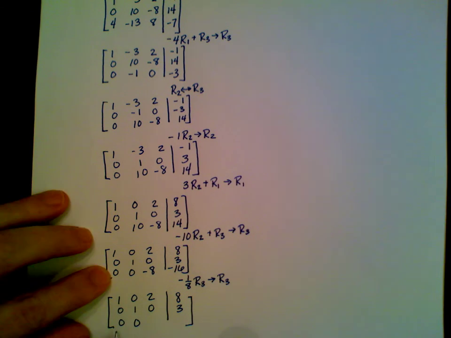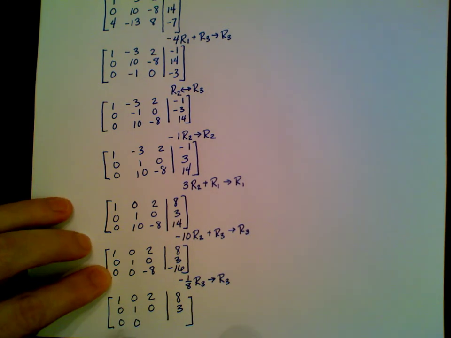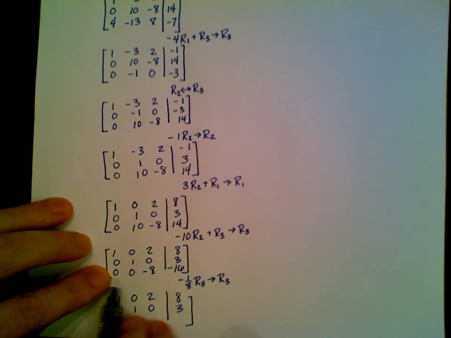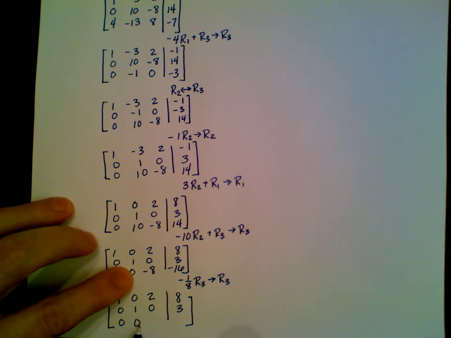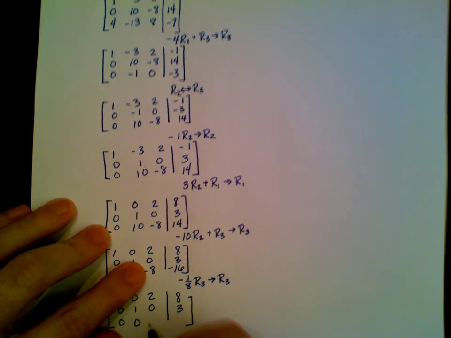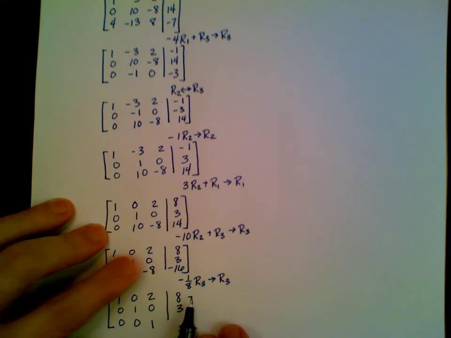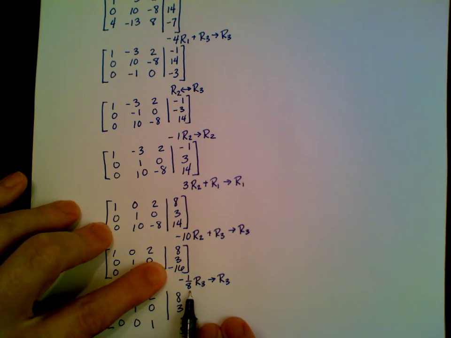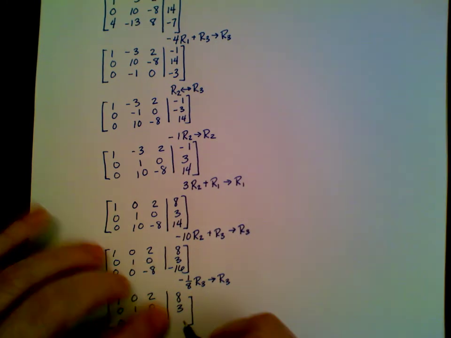And 0 times anything is going to be 0, so those are nice and easy to do. Negative 8 times negative 1/8, those are reciprocals, and so that's equal to 1. And negative 16 times negative 1/8 is going to be positive 2.